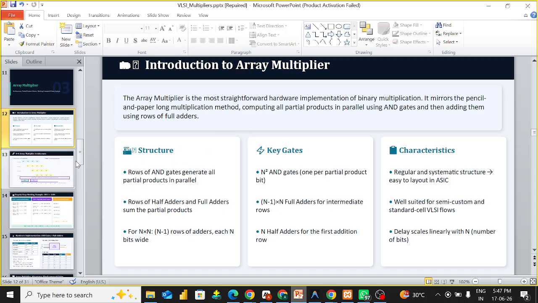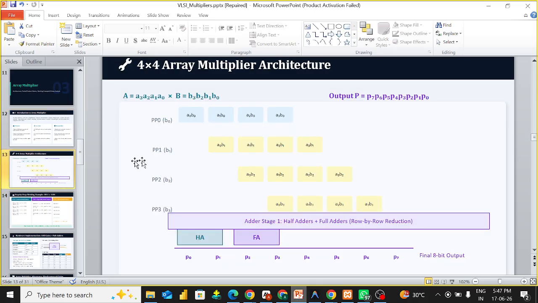So how does the array multiplier architecture look? Look here, this is what your array multiplier architecture looks like if you multiply a 4-bit input A with a 4-bit input B. Here A is the multiplicand and B is the multiplier. Based on this, you are multiplying the first bit of B with every bit of A, right?